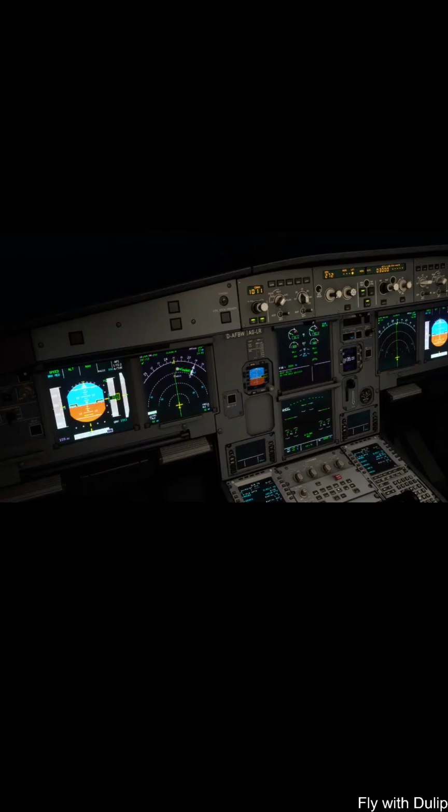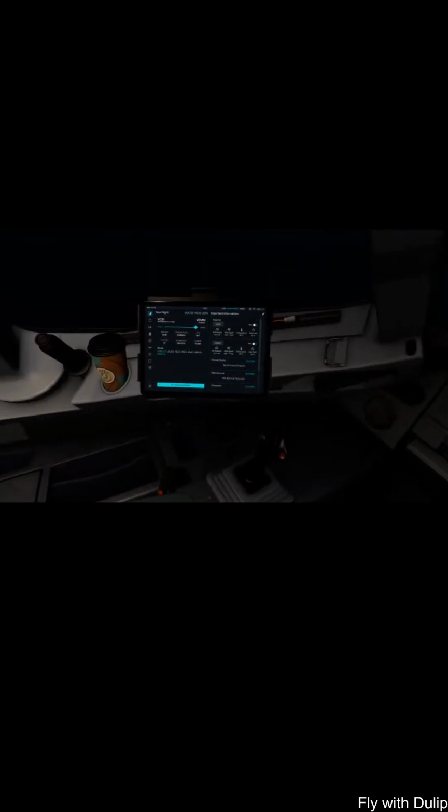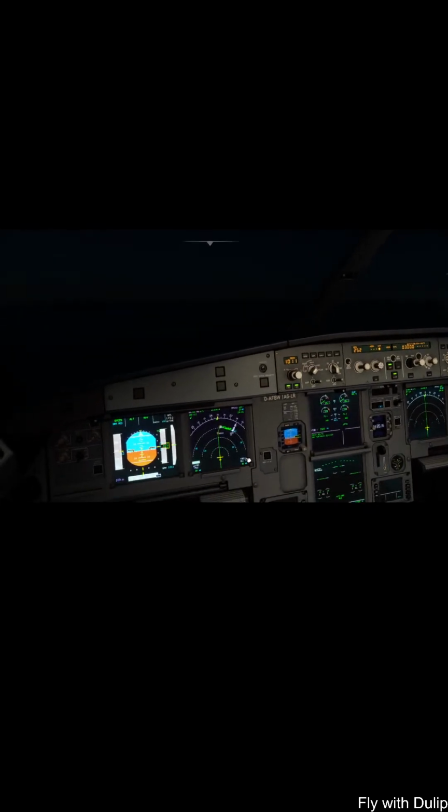We have increased the lift. Now 31 nautical miles, it's a whole night. We are flying right now.